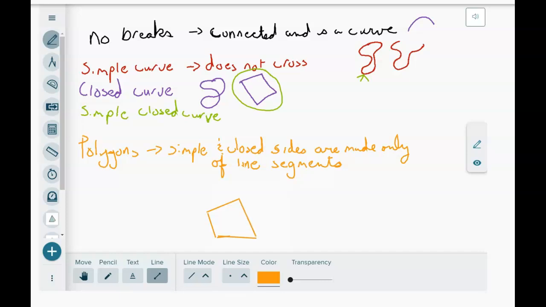That would be a polygon. Ignore that little bitty line there. It could look something like this.